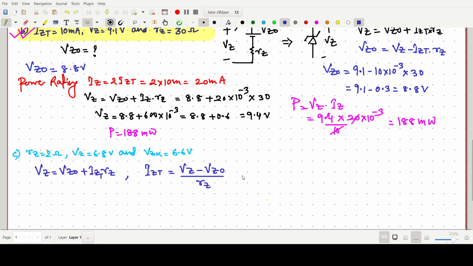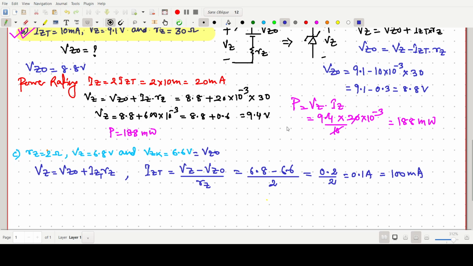It should be 6.8 minus 6.6, because this one is nearly Vz naught, which is already given, and Rz is 2 ohm. So 0.2 by 2, which is 0.1 ampere, or we can simply write 100 milliampere.